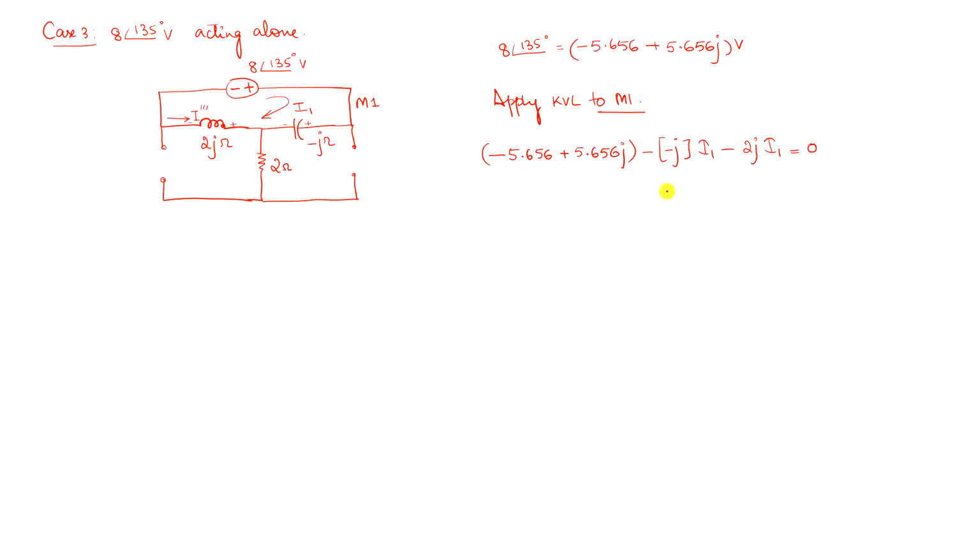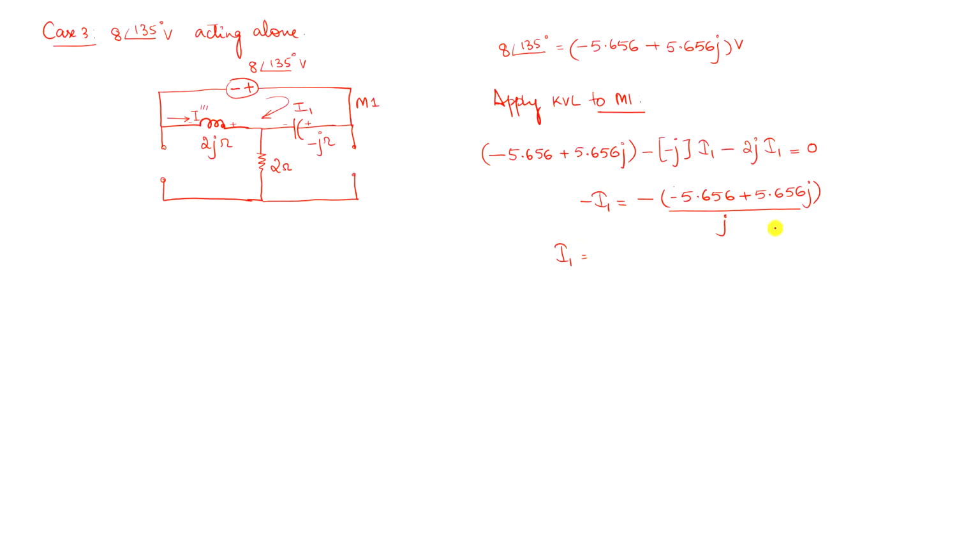When you solve this, this is plus J, this is minus J. You get the value of the current I1 to be equal to, when you take it to the right hand side, minus of minus 5.656 plus 5.656 J divided by J. So I1 will be equal to, the negative sign goes off, right?